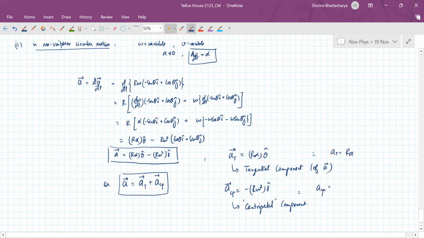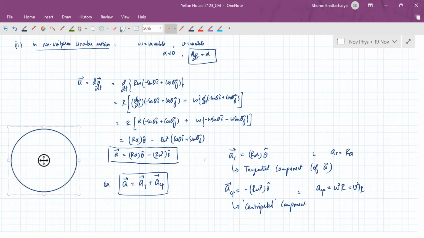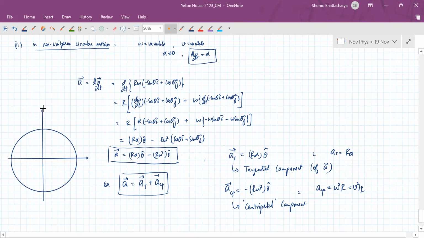Magnitude of centripetal acceleration is omega square r, or that's the same thing as v square by r. So this time you can see that geometrically, when we visualize the acceleration vector at any point of time during the circular motion, it has the two components, one pointing towards the center and one pointing along the tangent to the circle. So just make a note of this.